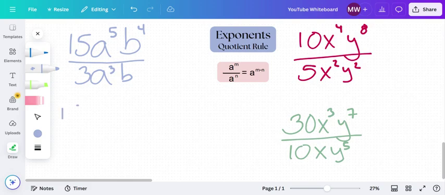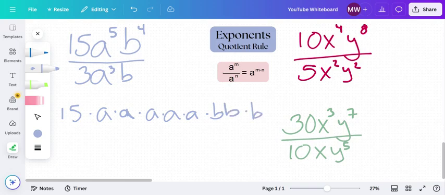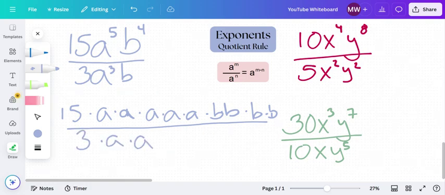So the top says 15 times 5 a's times 4 b's. All right, and then our bottom says 3 times 3 a's times 1 b.